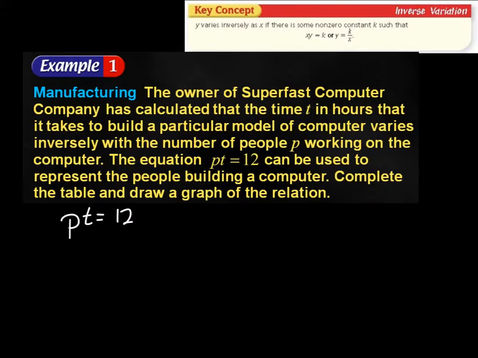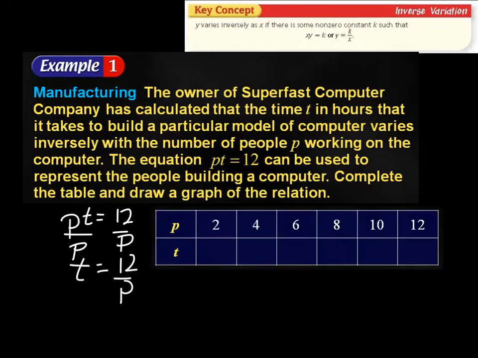The number of people is the independent variable, so time is going to be the dependent variable. So I'm going to divide both sides by p, so my equation is t equals 12 divided by p. 12 divided by 2 is 6, 12 divided by 4 is 3, 12 divided by 6 is 2.